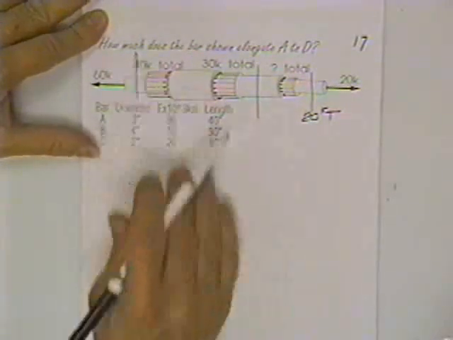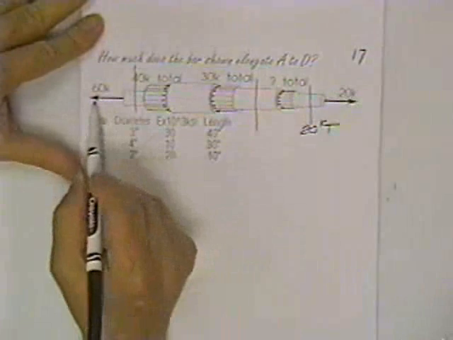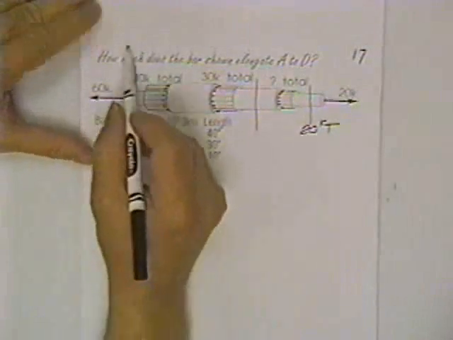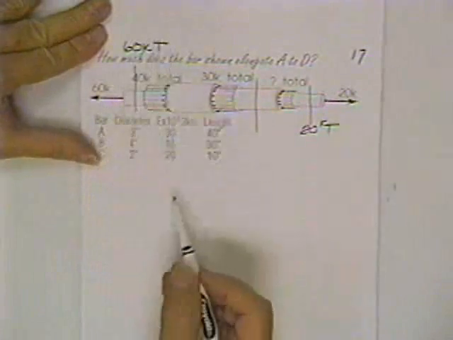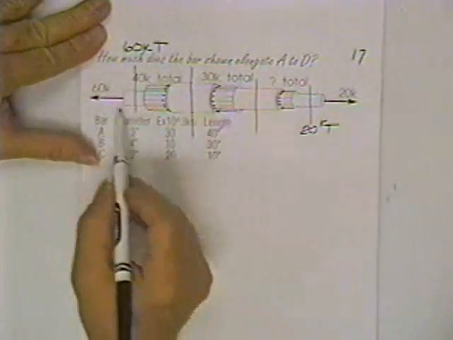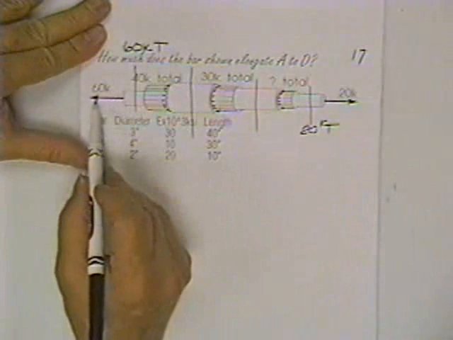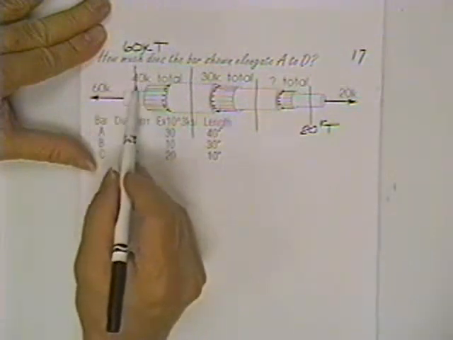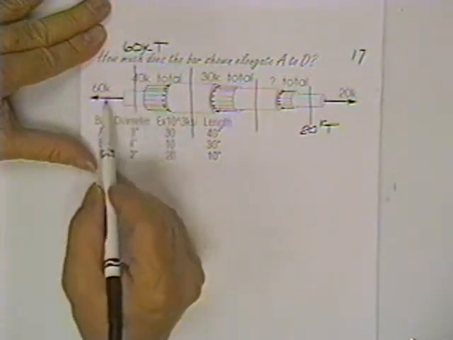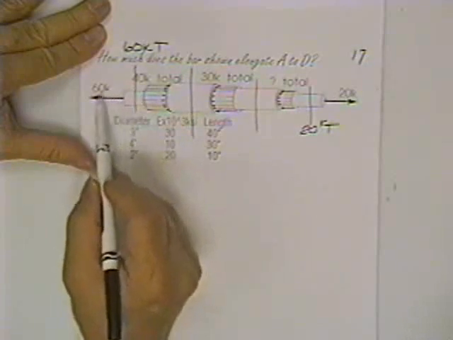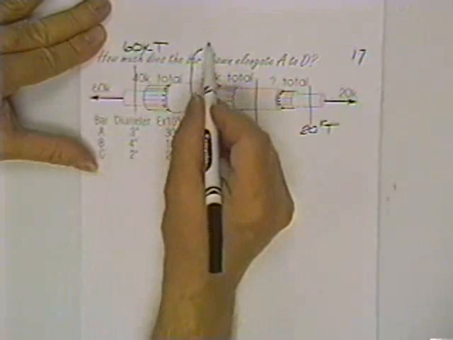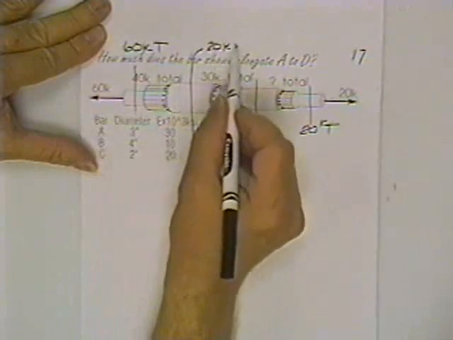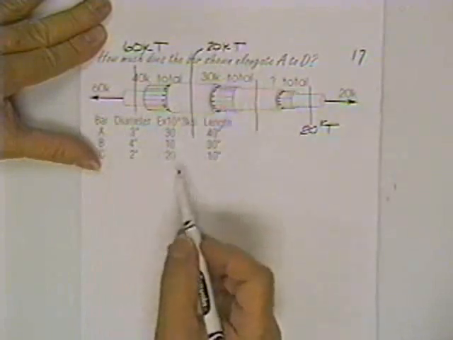As I come across here, the load is 60 kips of tension. When I come across here, you'll notice there's 60 kips of load, somewhat balanced by 40 kips of load. The two are fighting each other, but this guy's still winning to the tune of 20, and therefore the load in this piece right here is 20 kips of tension.